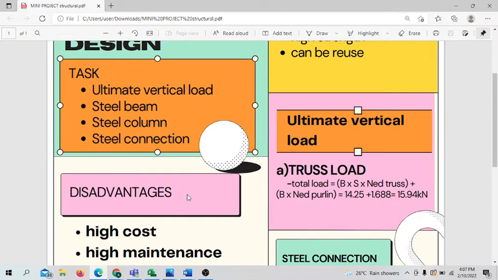That is the total load. Next we go to the RC floor, which is 8.06 kilonewton per meter square.